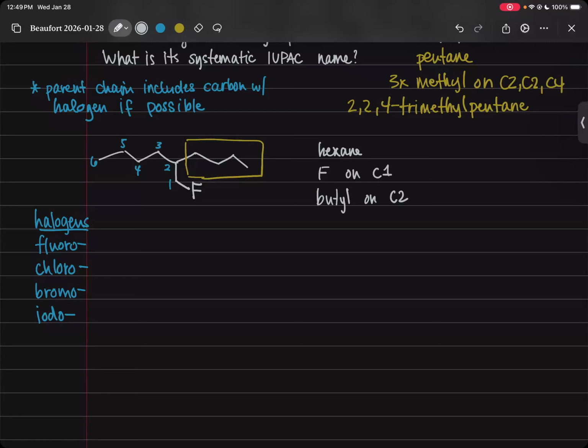So that makes this, well, we'll start with butyl because that's first in the alphabet. So this is going to be 2-butyl-1-fluorohexane.